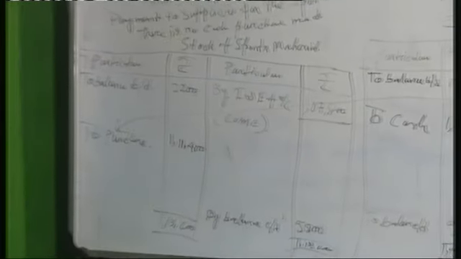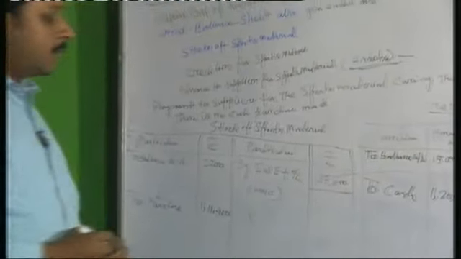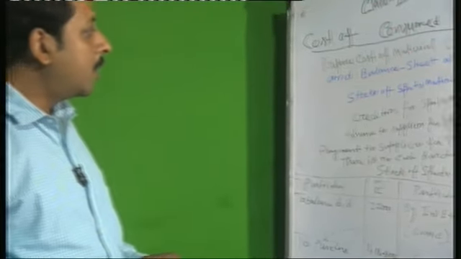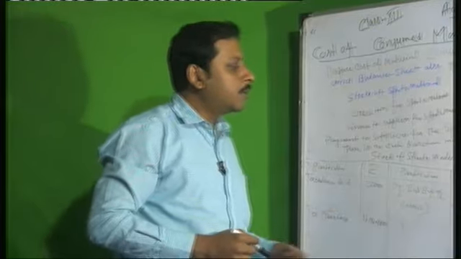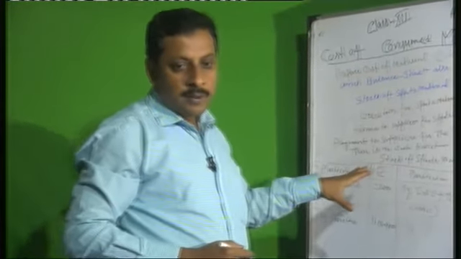So here we can see how we reveal the cost of material consumed, because this cost of material consumed goes to the income and expenditure account. Okay, this is an advanced problem. Hope you have understood how we can solve it.